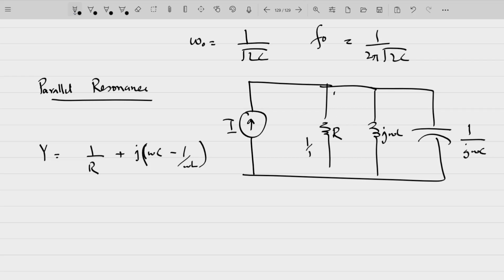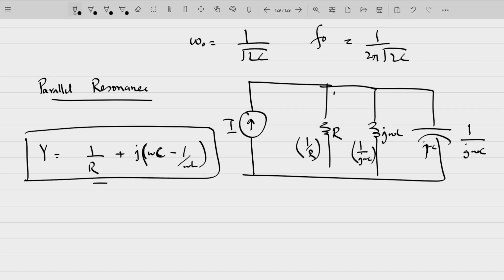Conductance is simply 1 by R. इसकी जो susceptance है that is 1 by J omega L. इसकी जो susceptance है that is 1 by J omega C, that means J omega C. So simply adding these three terms, 1 by R plus J omega C and plus 1 by J omega L, or in other words J omega C minus 1 by omega L. तो ये इस particular case, इस particular circuit के लिए admittance value है.